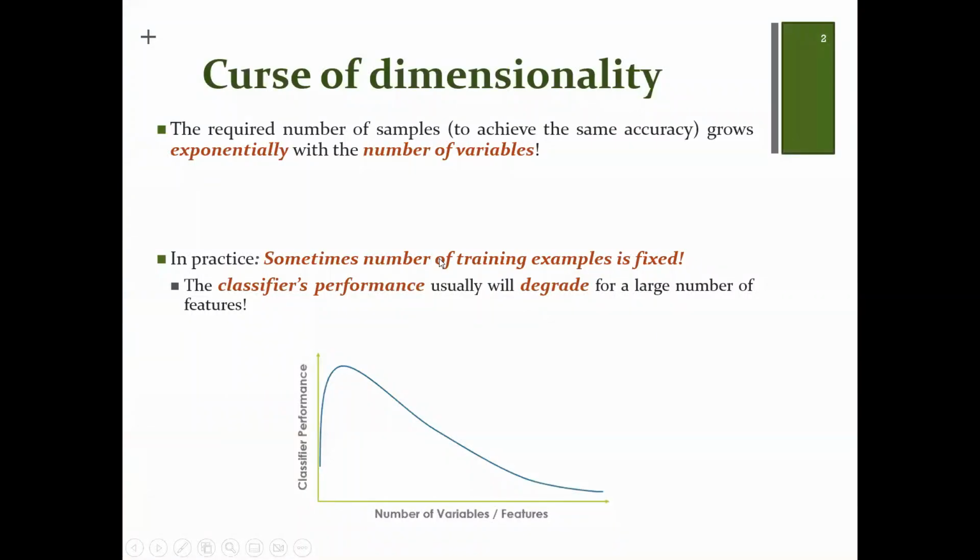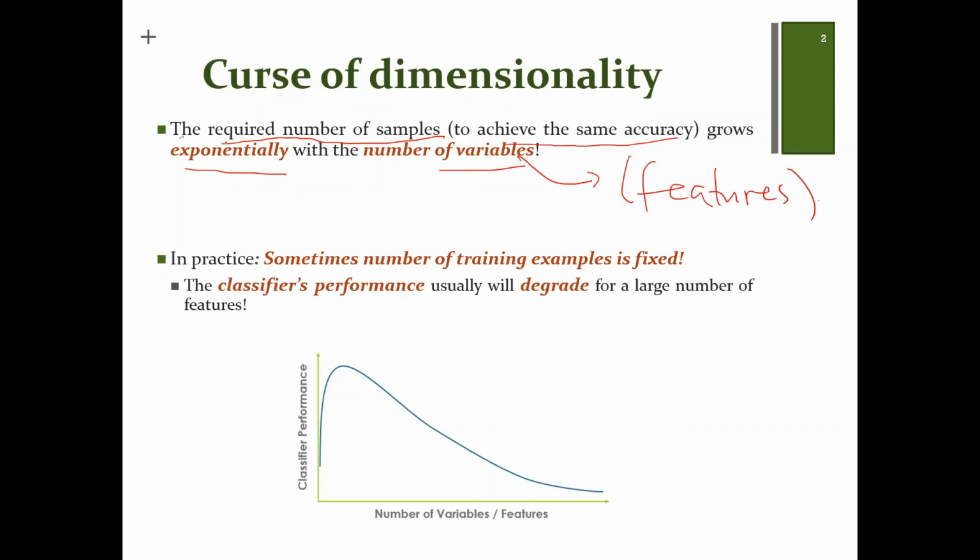So what is the curse of dimensionality? The curse of dimensionality states that the required number of samples to achieve the same accuracy grows exponentially with the number of variables. By variables, they mean the number of features.